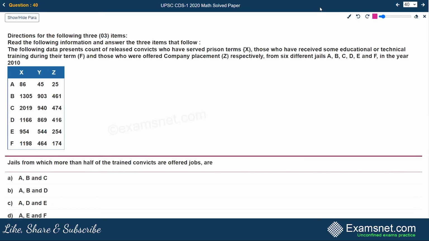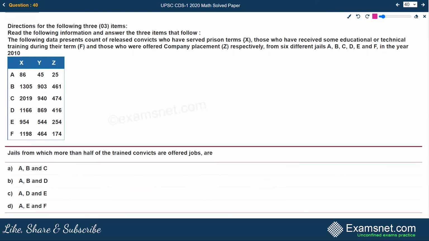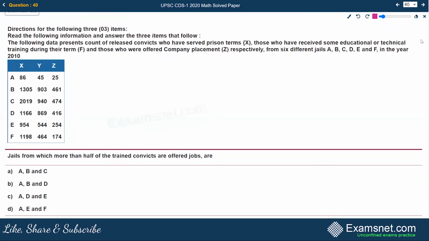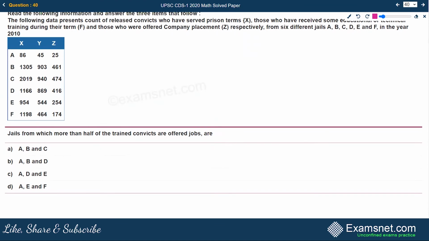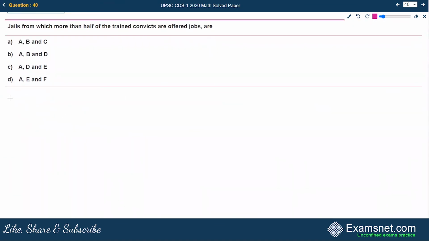We are asked to find the percentage rate of trained convicts offered job placement, and those jails having more than half, that will be the answer. So again, I want you to remember the placement rate of trained convicts.